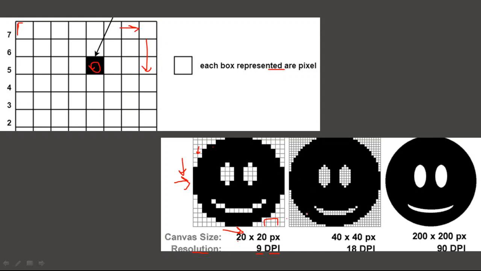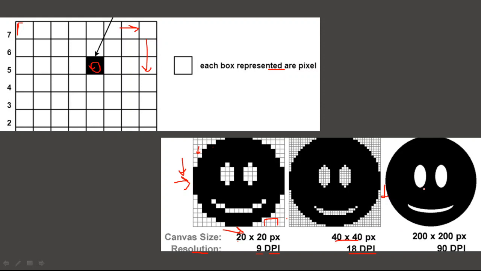Now look at this image. Its resolution is 18 dpi, 18 dots per inch, and the size of the canvas is 40 by 40 pixels. That means 40 pixels on the row side and 40 pixels on the column side. And this image is clearer than the previous image because its resolution is higher.